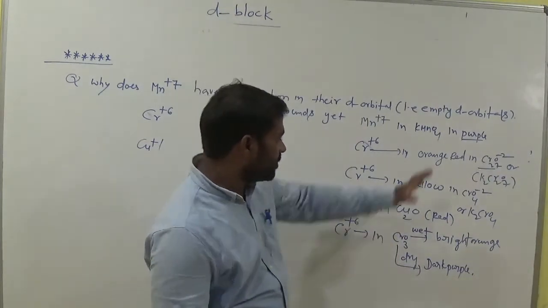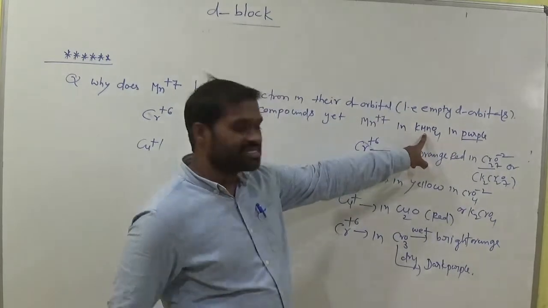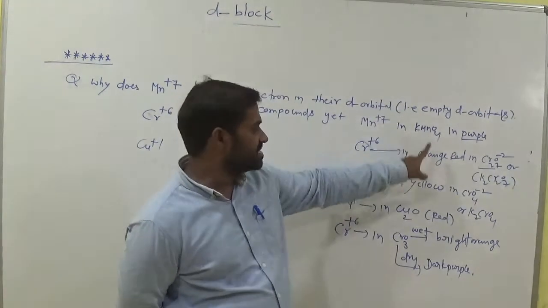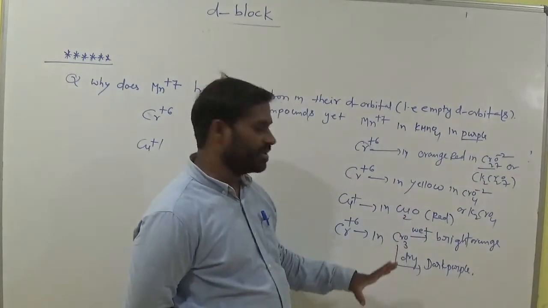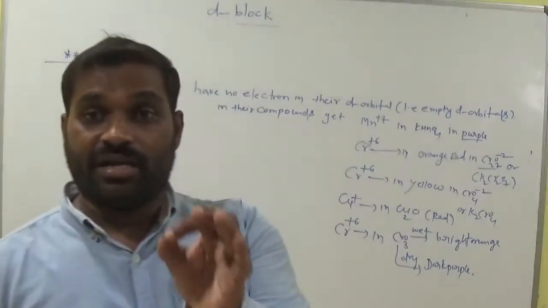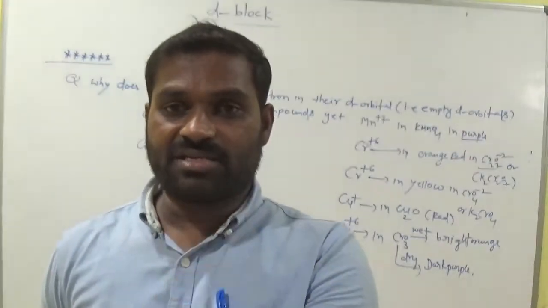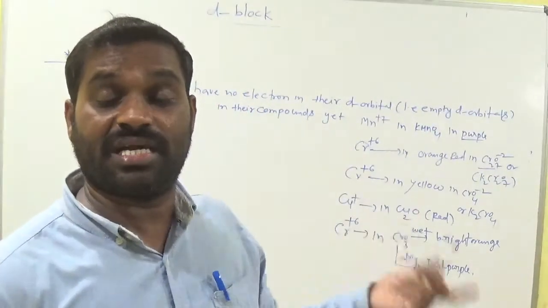So why are these compounds colored even though they are transition elements? Manganese here, chromium here, chromium here, copper here, chromium. These transition elements don't have any d electrons in their d orbitals. There are empty d orbitals, but how do they show colors in their compounds?